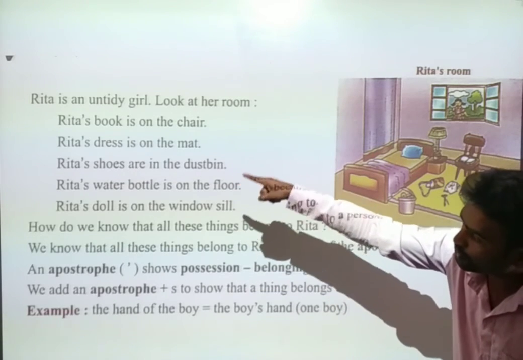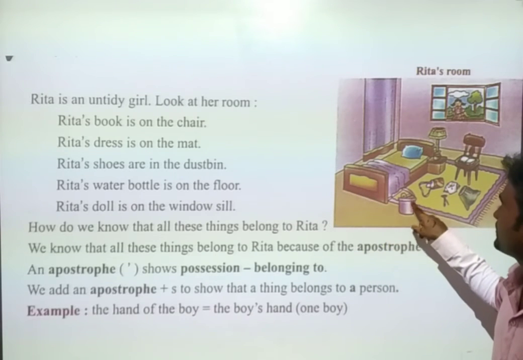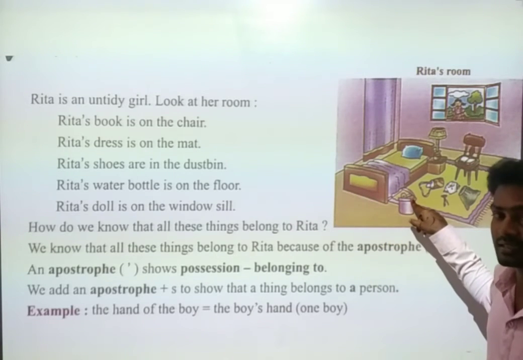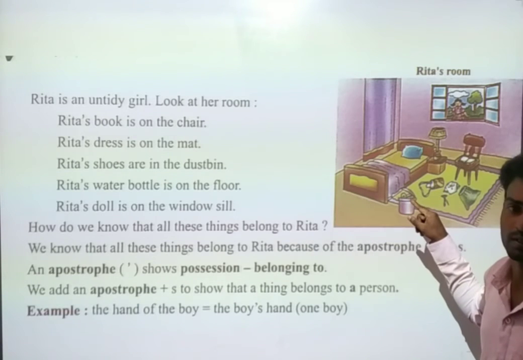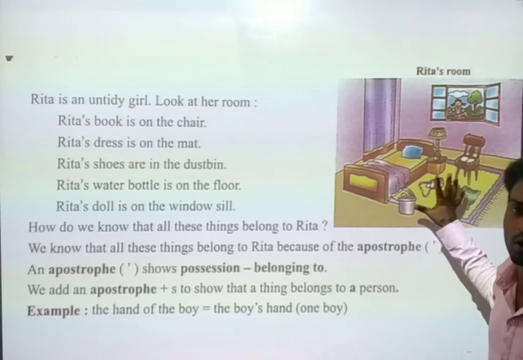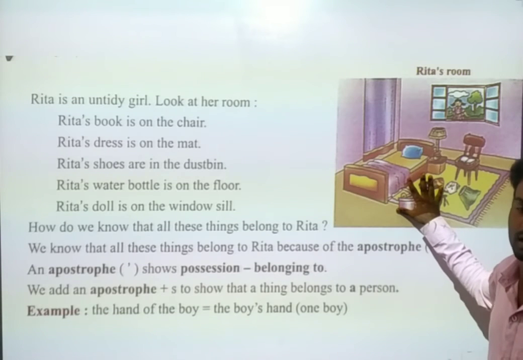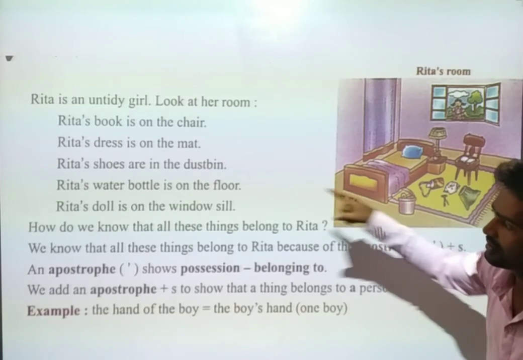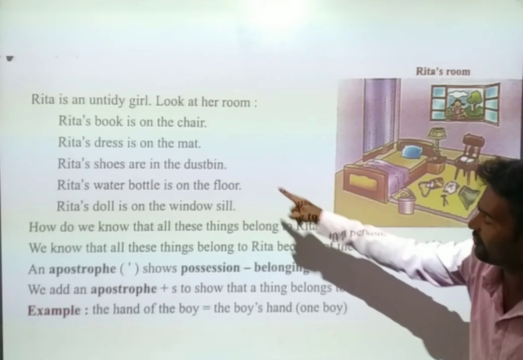Rita's shoes are in the dustbin. Shoes are there in the dustbin. Whose dustbin is this? Rita's dustbin. And whose shoe is this? Rita's shoe. The owner of all these things is Rita. The next one: Rita's water bottle is on the floor.